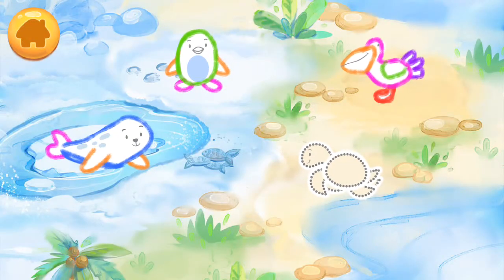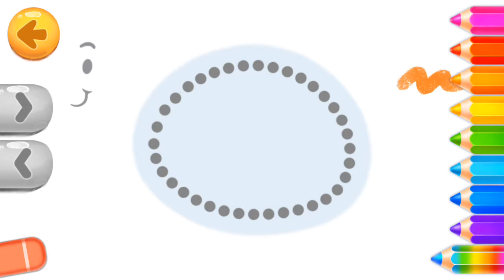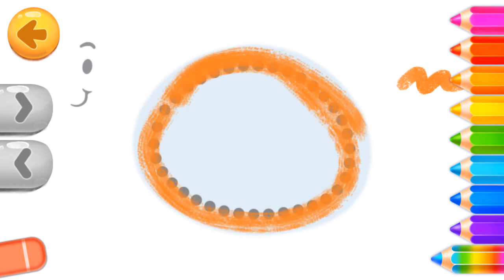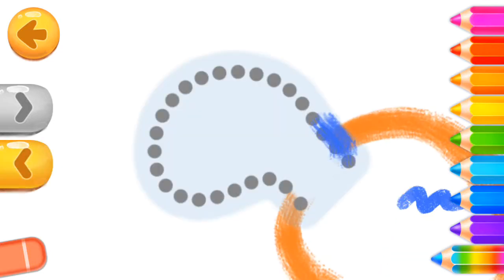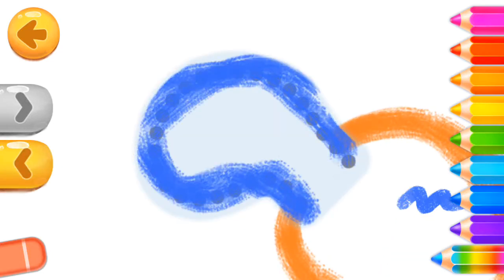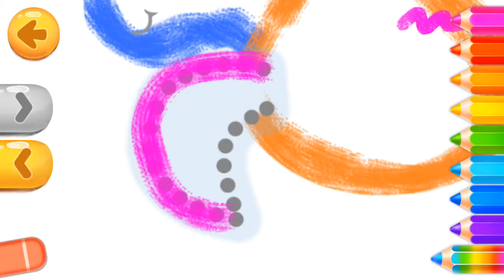Who lives on the seashore? Who do you want to draw? Let's draw a turtle. Draw a strong, beautiful shell. Finish the turtle head. Draw front paws.